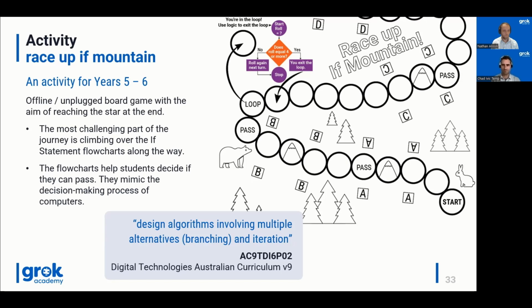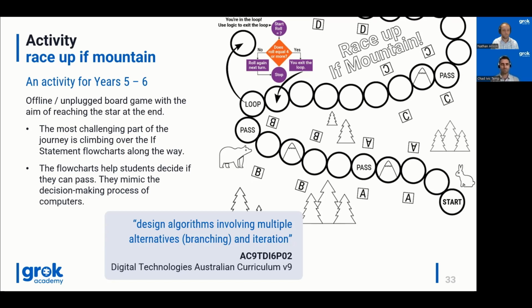There's a series of those as they go up the bigger if mountain, and to go through the process of rolling a die, seeing what number they get, and making their way through the flowchart to know what to do next, whether they're passing the small if mountain or they're staying where they are waiting for their next turn. The flowcharts actually are mimicking the decision-making process of computers.